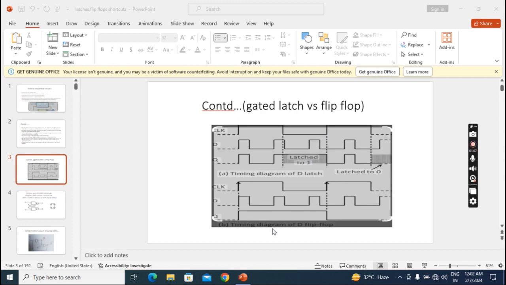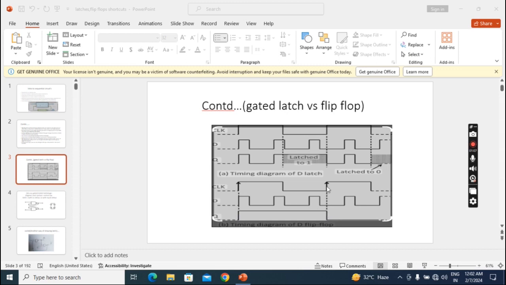Now we'll come to the flip-flop. Okay, so this is the positive edge, and here the data input is high, so the output also becomes high until the coming positive edge. Until the coming positive edge, whatever high is there, that same high will continue.